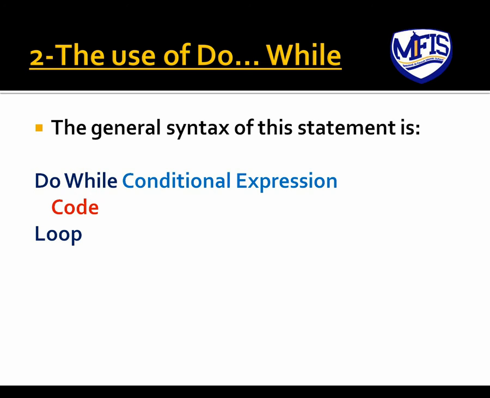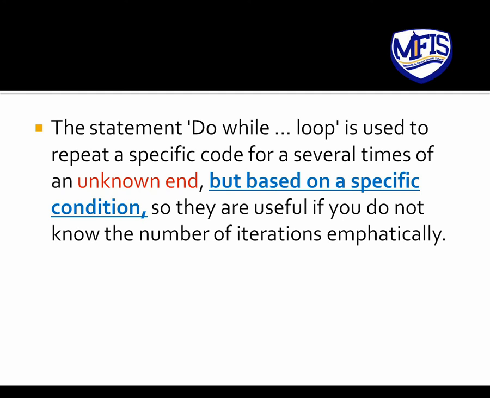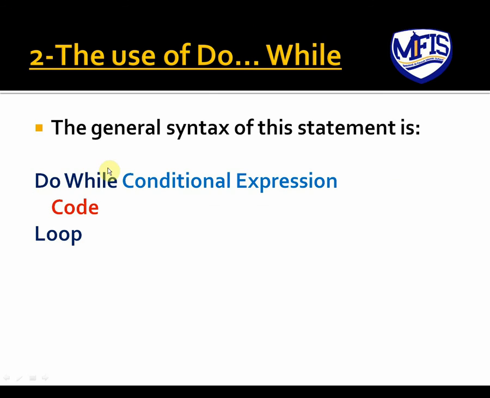What is the general syntax of this statement? At the beginning, we write the words do while. Then, we write a conditional expression, and according to this condition the code will be repeated, and at the end we put the word loop.